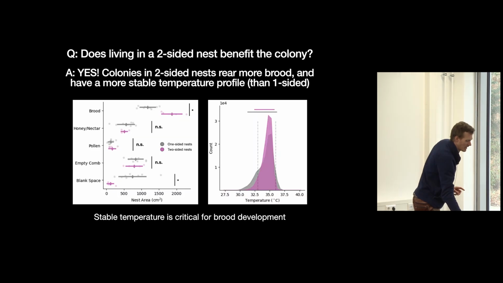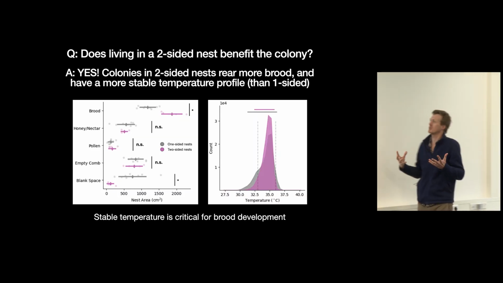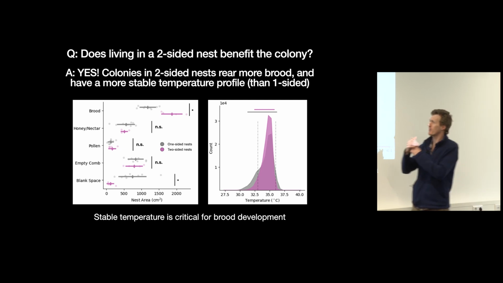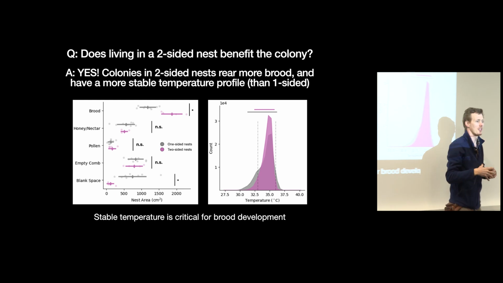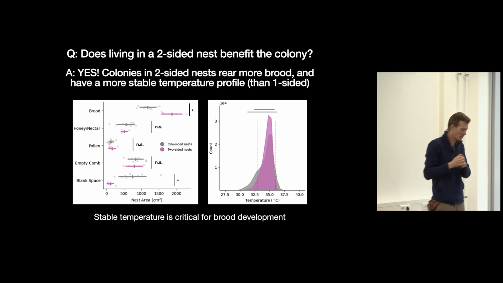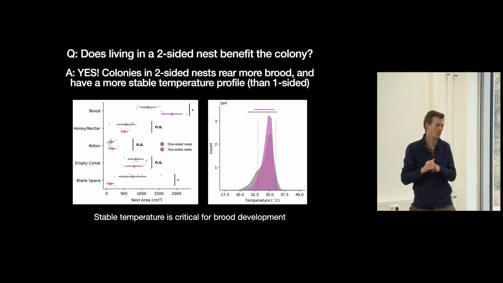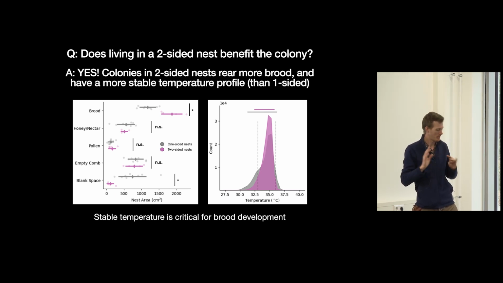And what we find is that, yes, living in a two-sided nest lets you rear more brood, and they have less blank space than their one-sided counterpart. There's no difference in how much nectar and honey they're able to produce, or how much pollen, or how much comb. That's not significant.